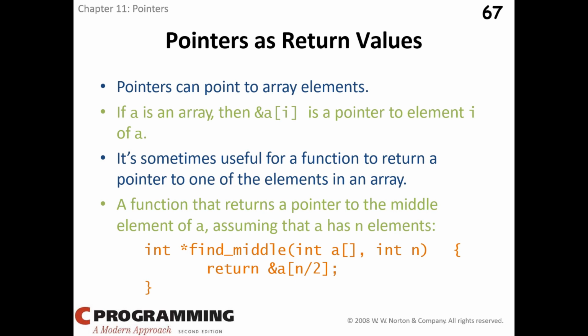And sometimes it's advantageous for a function to return a pointer to a specific element within an array. For example, consider a function called find_middle, which returns a pointer to the middle element of an array a, assuming that a contains n elements. Here in the code at the bottom of the slide, &a[n/2] denotes a pointer to the middle element of the array a.